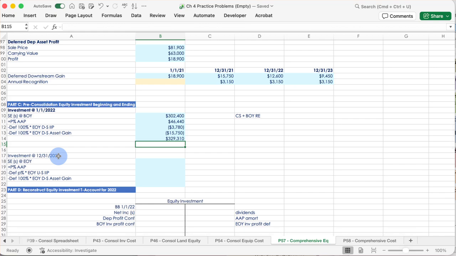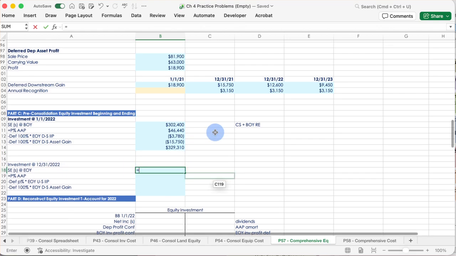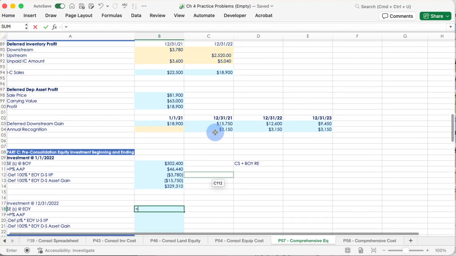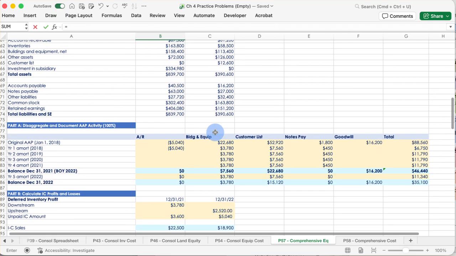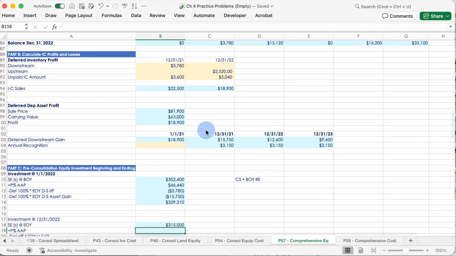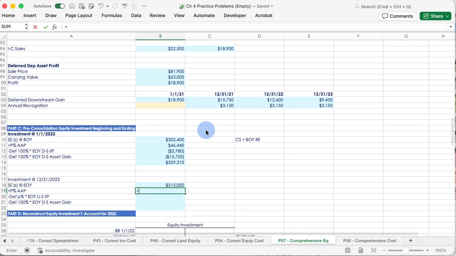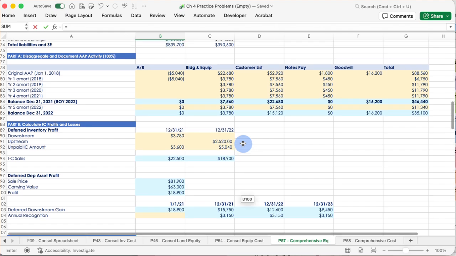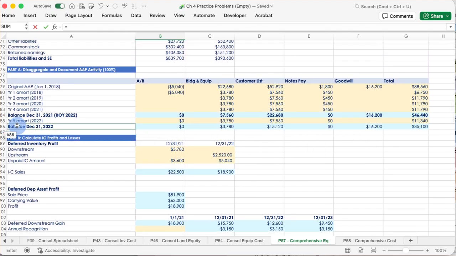And then for the ending, we'll go grab the stockholders' equity at end of year. And then we'll add our AAP. So now we have end of year right here.